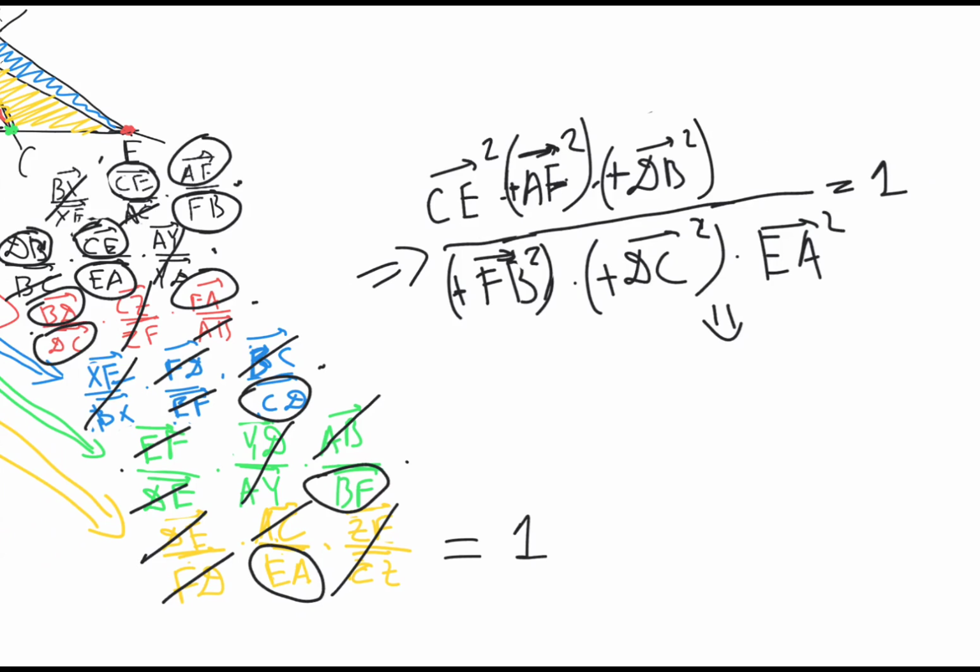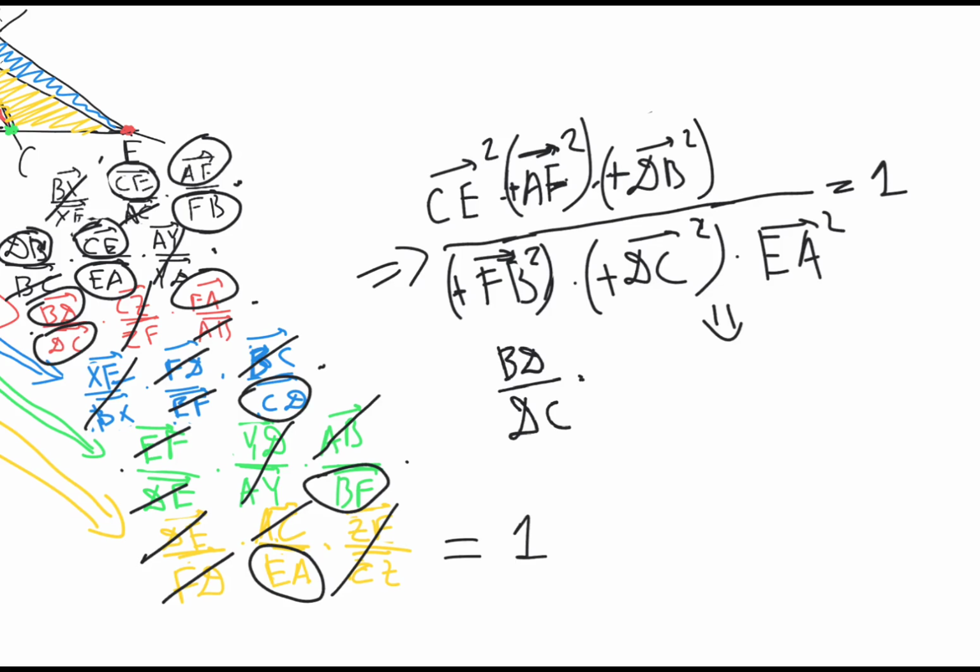Yeah, so because it's squared, we can no longer care about which direction, so whether it's DB or BD, it's all the same. So it would be BD over DC multiplied by, yeah, we can drop all the vectors now because it's squared anyway, so the sign is not captured here.